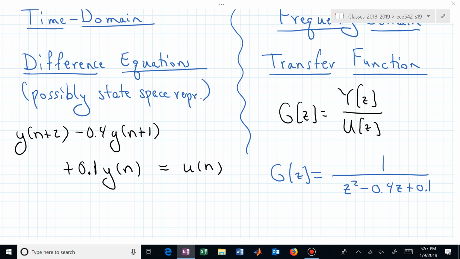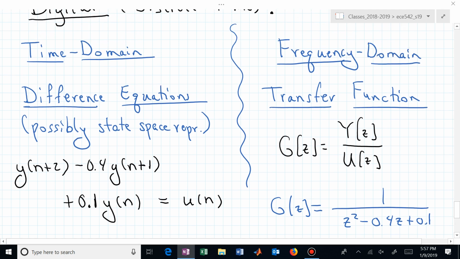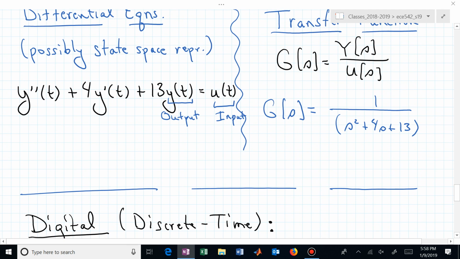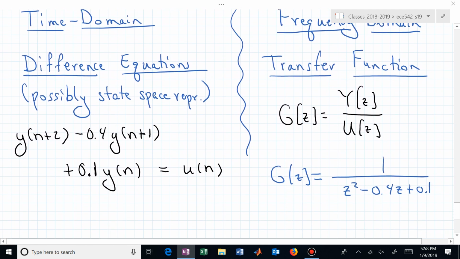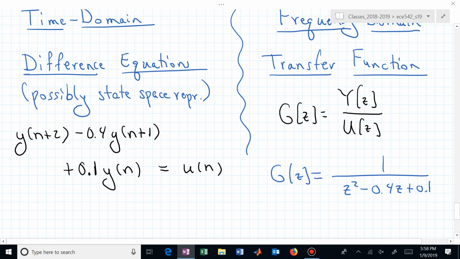This will all become second nature as we work our way through the class. Right now it's like, where did he get that? I don't expect you to know that, but hopefully you can see the correlation between a g of z and a g of s. And again, with the g of z, this system transfer function in the z domain also has zeros and poles.